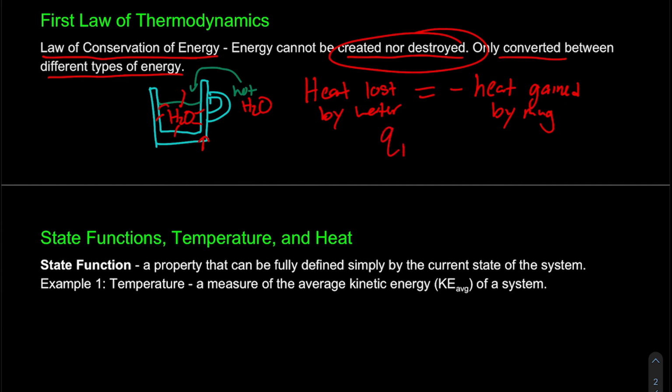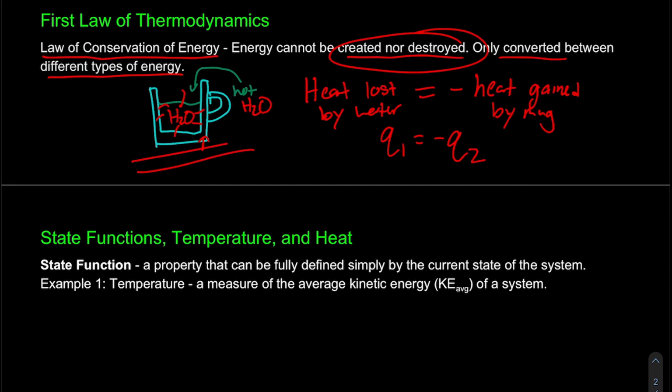Or if we want to make it more broad, the heat gained by one thing is equal and opposite to the heat lost by another. And so what we're doing is we're mathematically expressing the relationship between heat transfer here between our water and, in this case, our coffee mug. So this is looking at heat transfer between objects and how this relates back to thermodynamics and, in this case, physical thermodynamics.